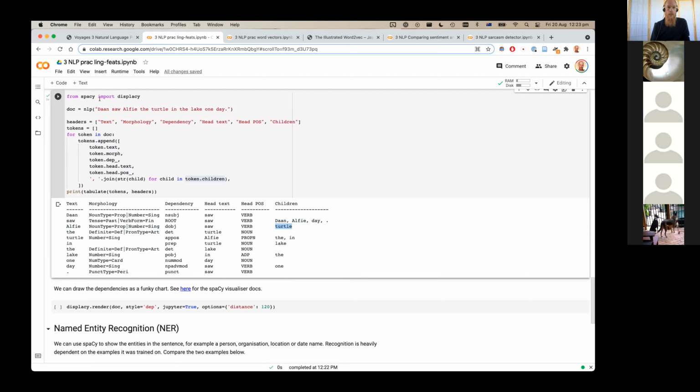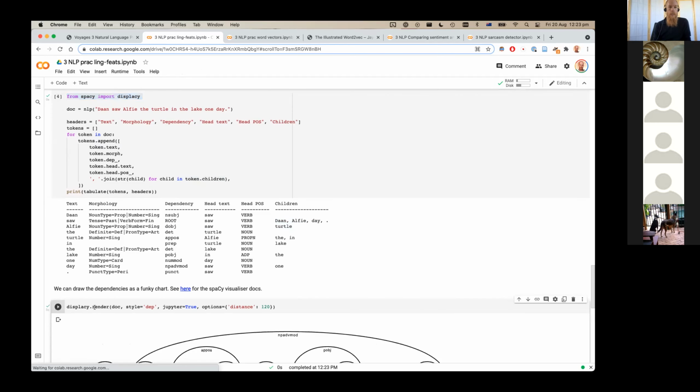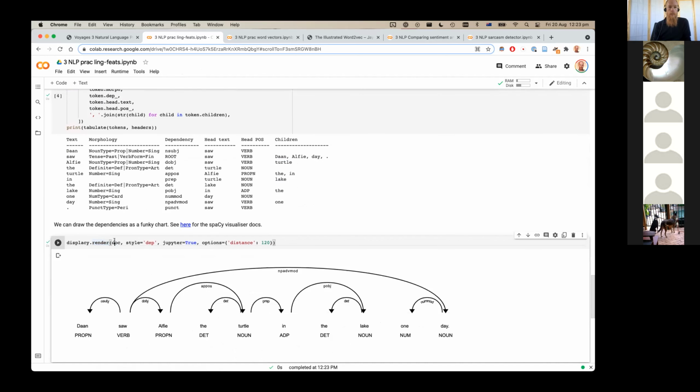So we can use this displaCy method to draw this as a funky chart. You can run displacy.render and pass in the document.